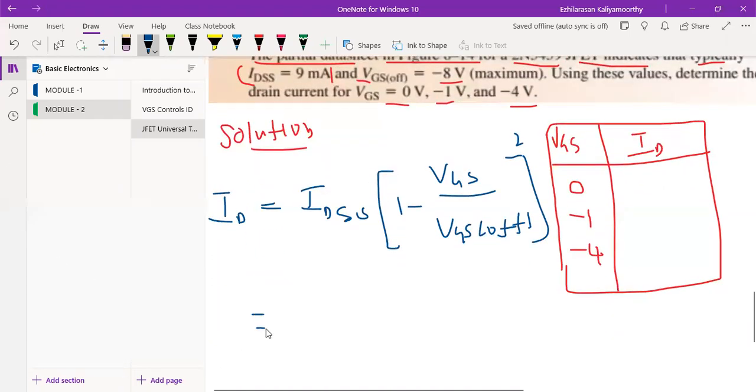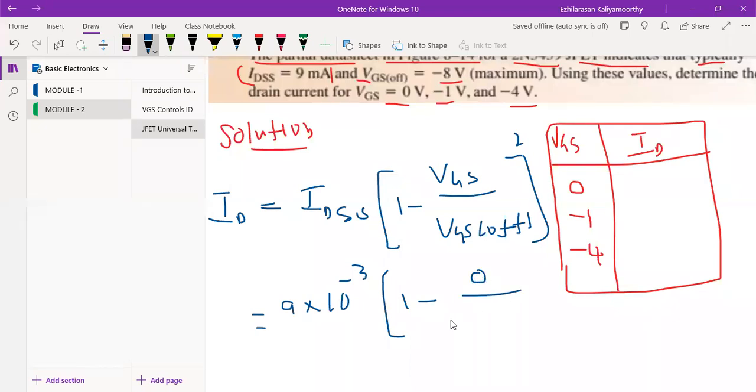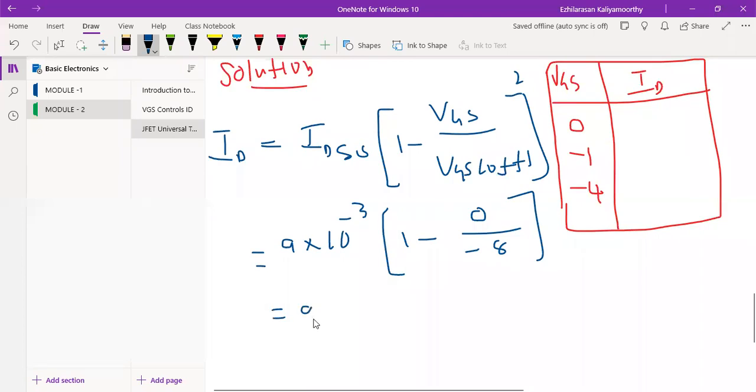IDSS is nothing but 9 milliampere, so 9 into 10 to the power of minus 3, times 1 minus VGS, which is 0 for the first value, divided by VGS(off), which is minus 8. So this will be 1 minus 0, then I will get 9 into 10 to the power of minus 3, which is nothing but 9 milliampere. That is my first answer.